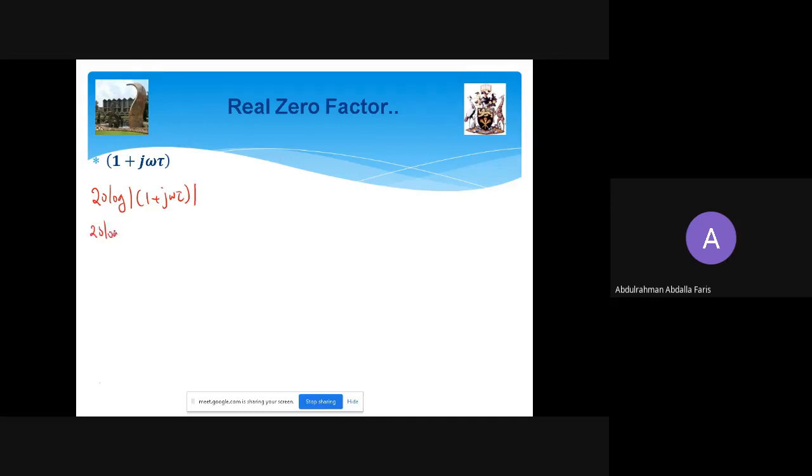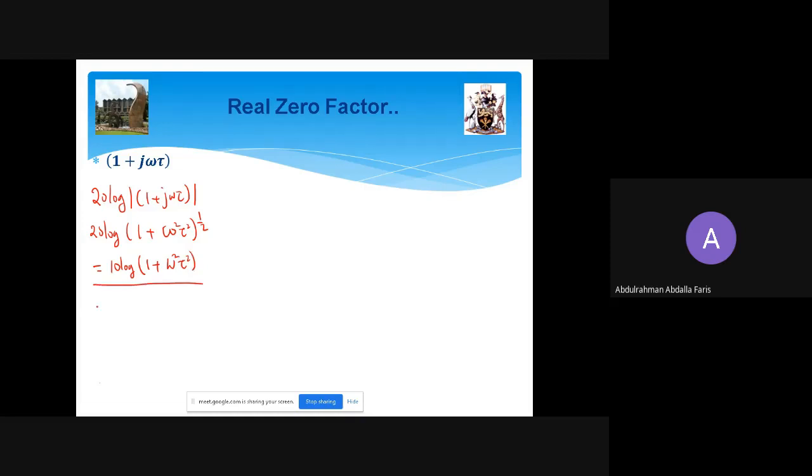So this is 20 log of the magnitude, which is just 1 plus omega squared tau squared to the power of a half, right? So if this goes here, we'll have 10 log of 1 plus omega squared tau squared, like that.